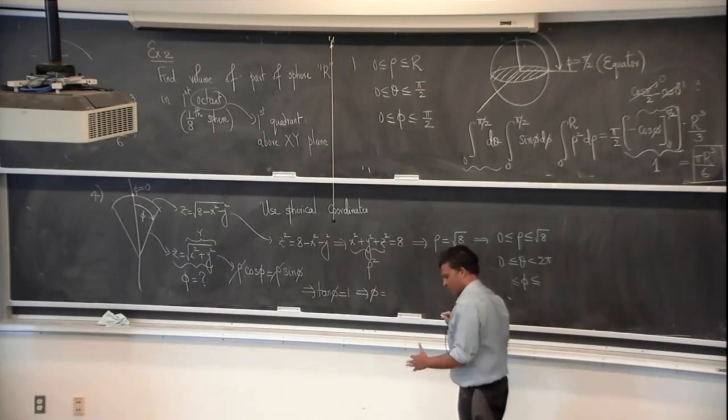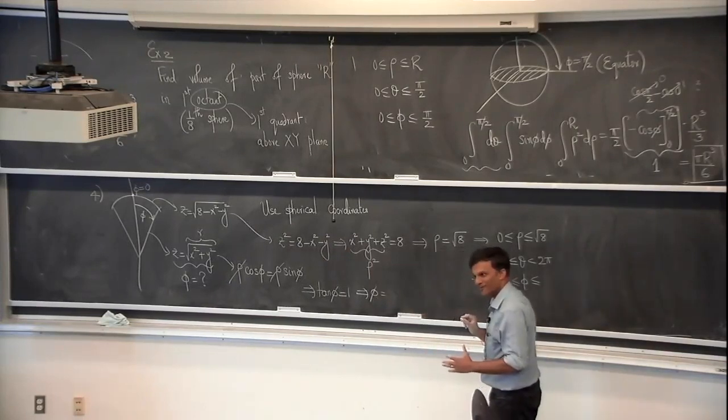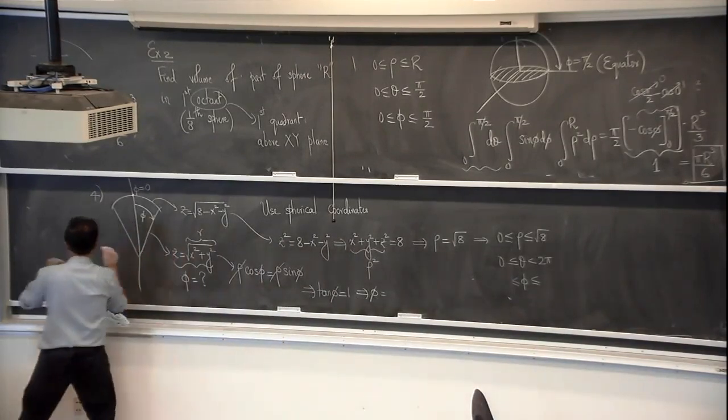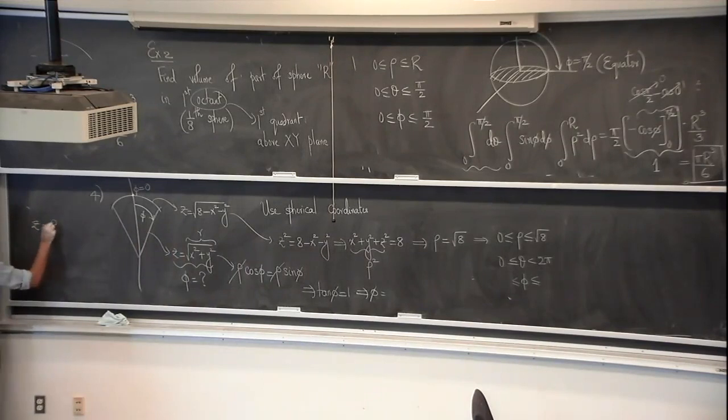What value of phi in the first quadrant gives you tangent of phi equal to 1? Back up like 15 seconds. Sure. So in spherical coordinates, z is equal to rho cosine phi, and r is equal to rho sine phi. Since x square plus y square is r square, the square root of that is r.